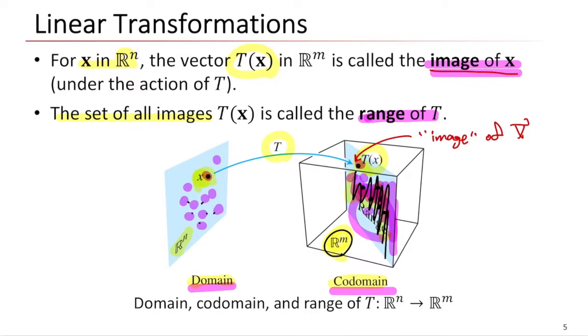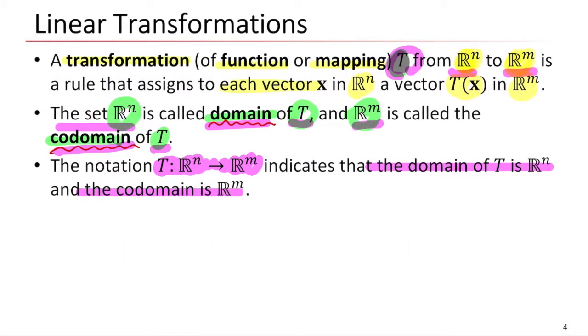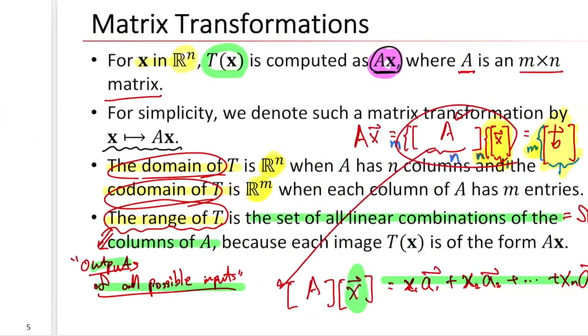And then there are two more things: the image and the range. The image of x is the output of the transformation of the input x. The range of T means the set of all images, or all outputs, through the transformation T(x). Okay, so this is the definition of domain, codomain, image and range.